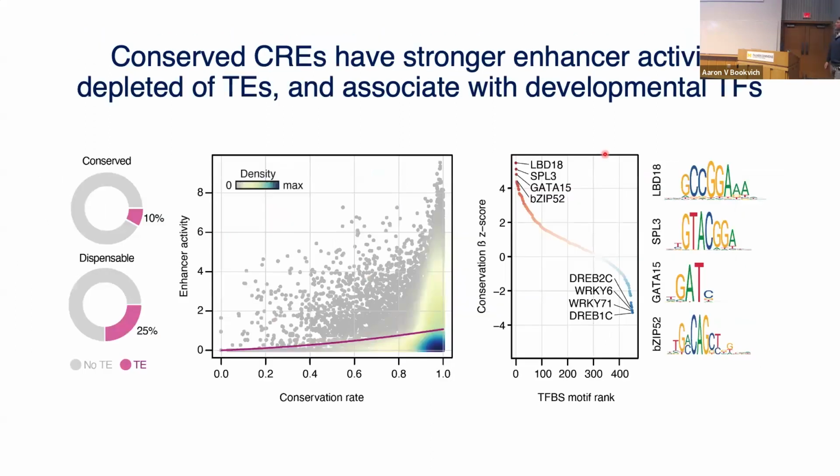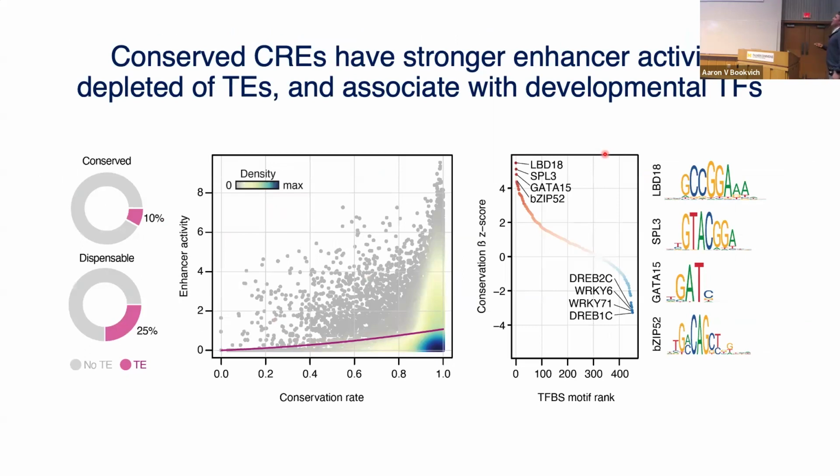All right, so digging into those a little bit more, this is not really that unexpected, but the conserved regulatory regions had a much lower overlap with transposable elements. So it seems like the dispensable or newly evolved regulatory regions tend to arise from, or are at least more associated with, transposons generally.